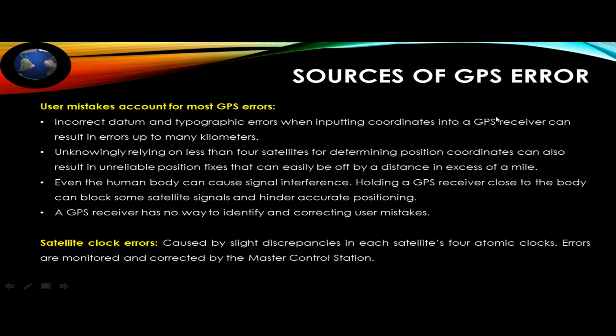Incorrect datum: when it comes to user mistake, most GPS error is generally caused if we put in the wrong latitude and longitude, an incorrect datum or an incorrect projection. As you saw in your imagery, if you use an incorrect projection, you won't locate the map exactly on the globe, correct? So the datum should be correctly allocated. Then there is the typographic error which humans can make.